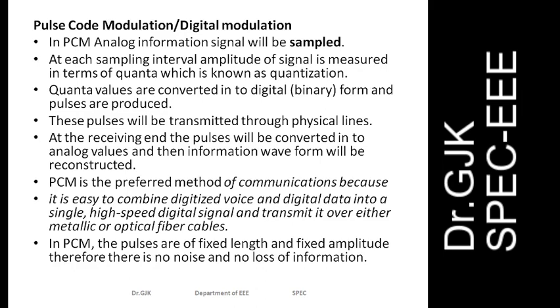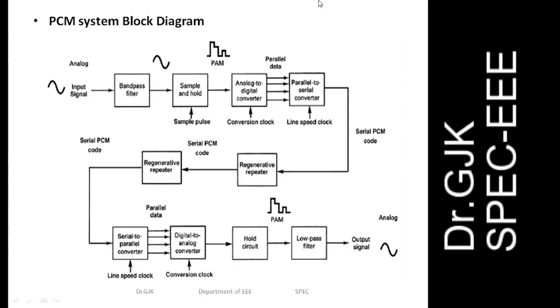This will be done using pulse code modulation using this block diagram. So the input signal is applied here, the analog information signal which is to be transmitted to the receiving end. The band pass filter limits the frequency to between 300 to 3000 Hz based on its rating. Then this sample and hold circuit makes the samples at different intervals, t1, t2, like that.